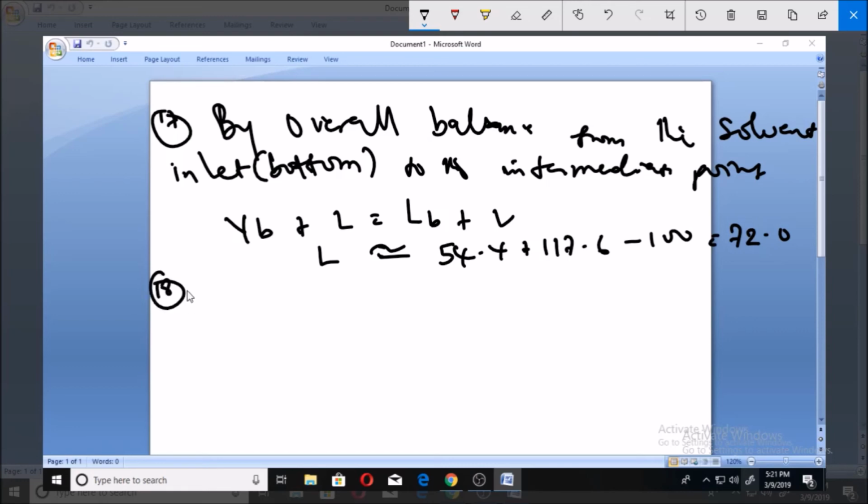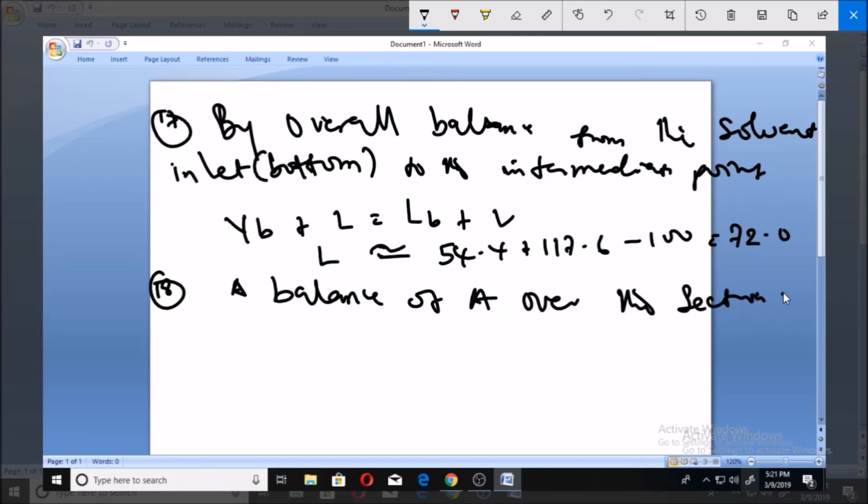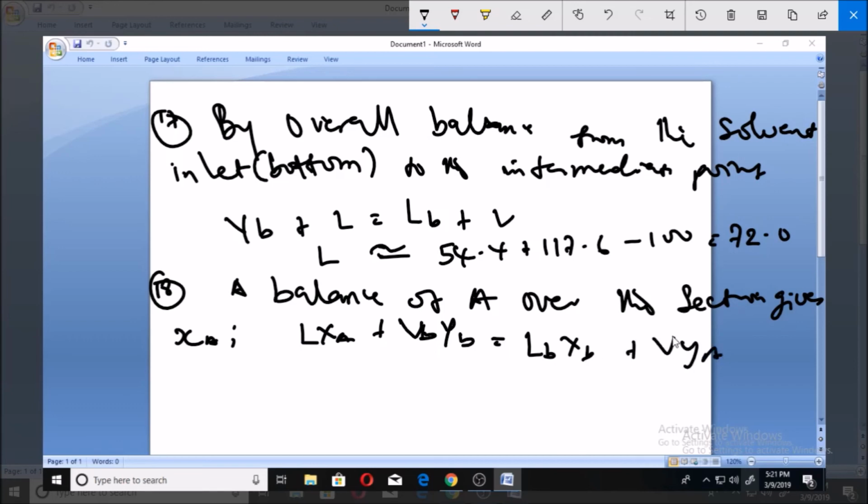Then the 18th step we take is that a balance of A over the section gives XA. So I want to find XA. So we can say that LO XA plus VB YB is equal to LB XB plus V YA.